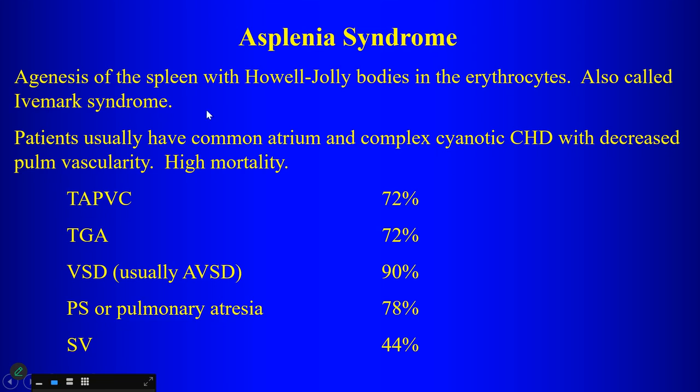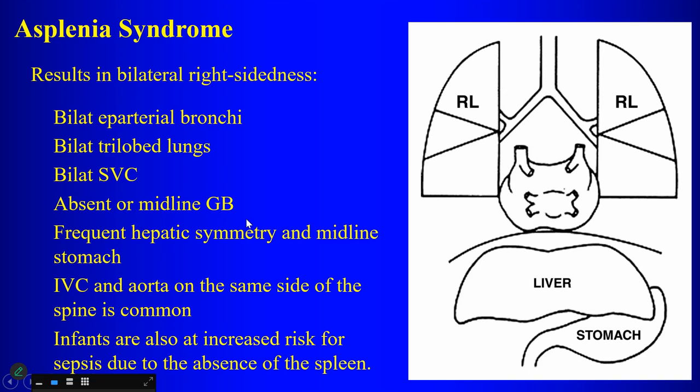So asplenia syndrome, agenesis of the spleen, shows Howell-Jolly bodies in the erythrocytes, also called Ivemark syndrome. Patients usually have a common atria, complex cyanotic congenital heart disease, decreased pulmonary vascularity, high mortality, total anomalous pulmonary venous return. But they can have other complex congenital heart diseases also, but that's the big one there, total anomalous pulmonary venous return. So bad congenital heart disease is associated with asplenia.